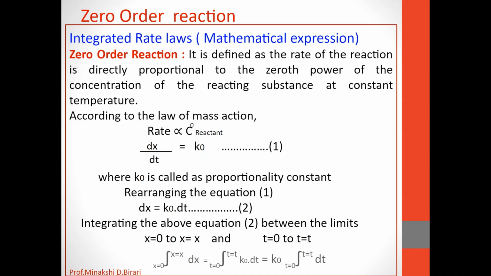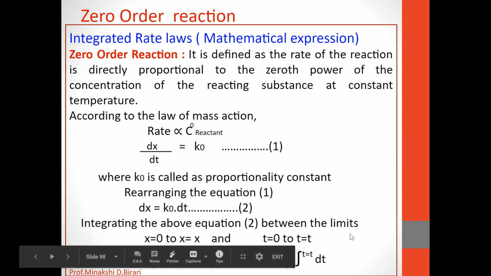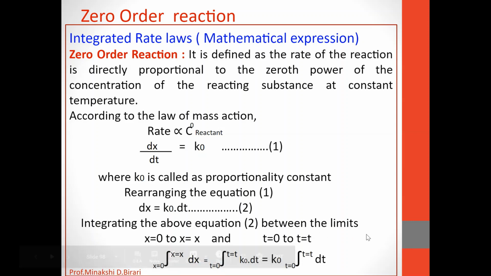So we get the integration of dx equal to the integration of dt into K0. K0 being constant at a constant temperature, it is taken out of the integral sign.